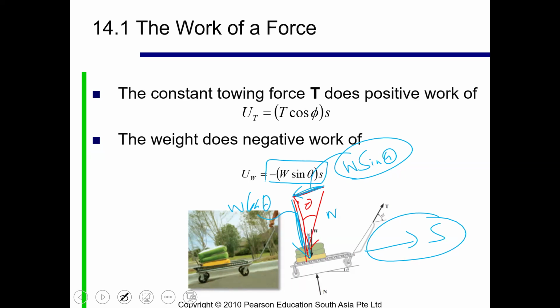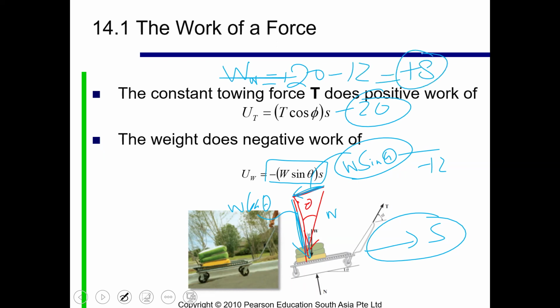For example, if I get a value of 220 here, I'm just assuming numbers, and when I solve this, let's say I get a work done of 12. Sometimes the question asks what is the net work done. So you put all the positive and the negative together, and then the final net work is 8, for example.